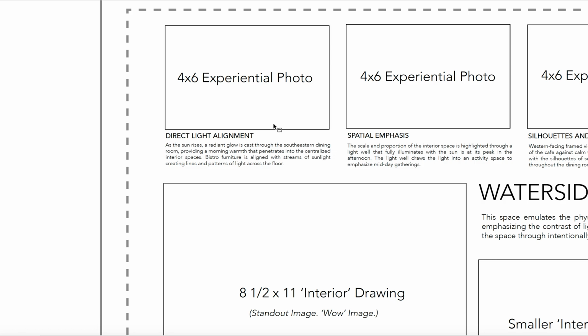As the sun rises, a radiant glow is cast through the southeastern dining room, perhaps providing a morning warmth that penetrates into the centralized interior space. Bistro furniture is aligned with the streams of sunlight, creating lines and patterns of light across the floor.